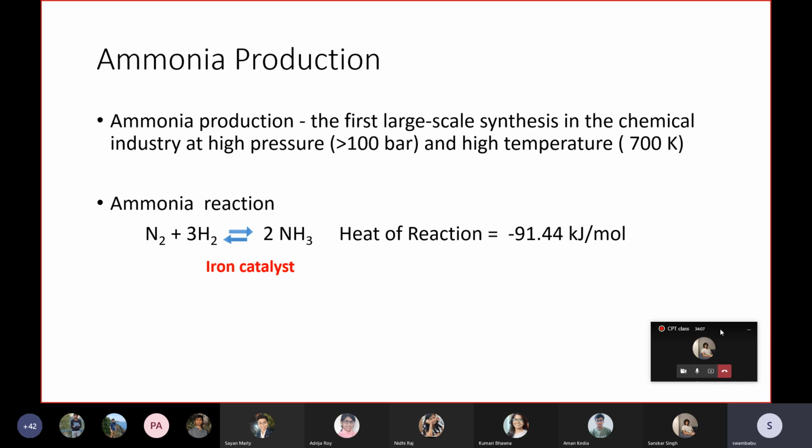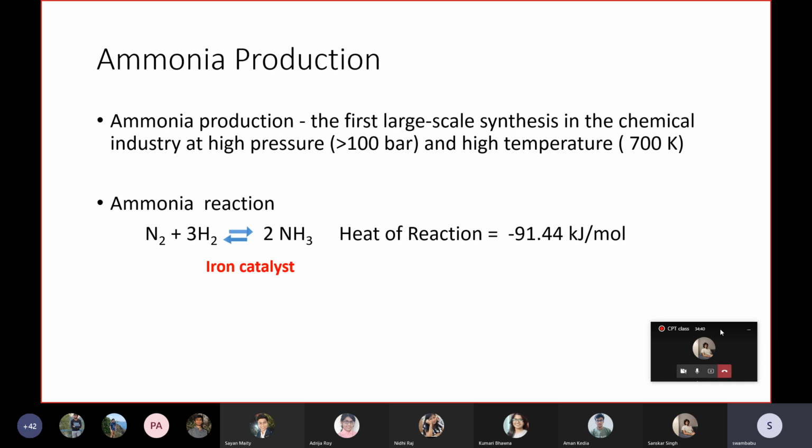Like when I did my PhD, I developed a method and produced nanomaterial in a very cost effective way. Now there is a high chance that I can do a startup, but considering my interests in teaching and research, I didn't go in that direction, but there's a very good chance.